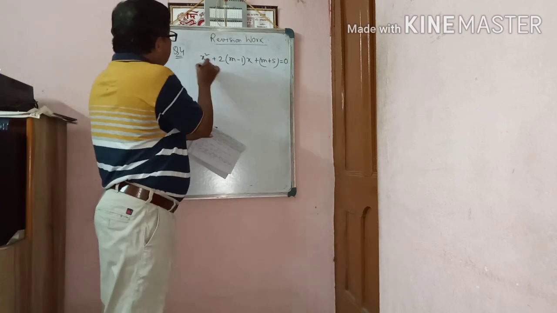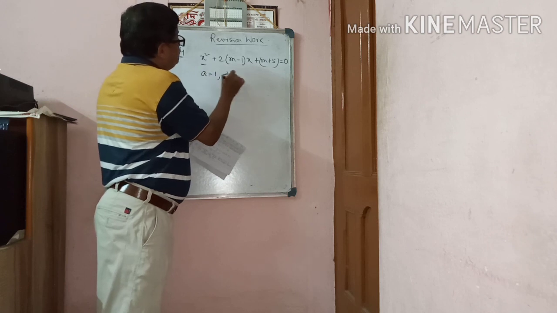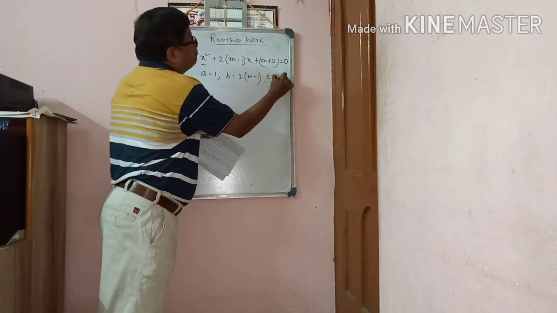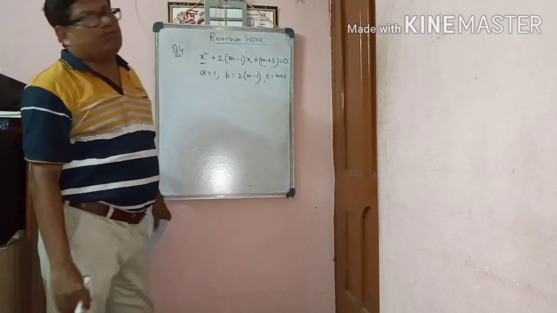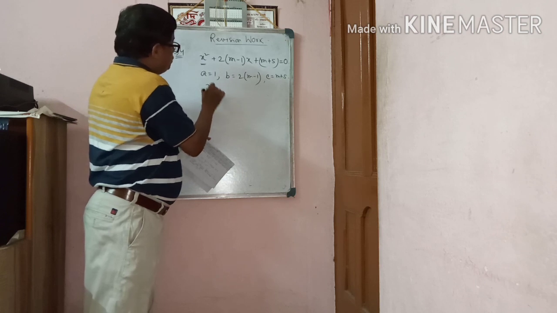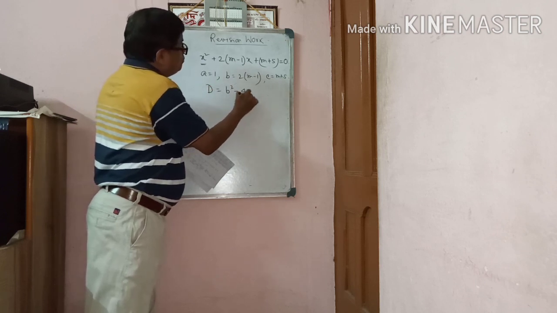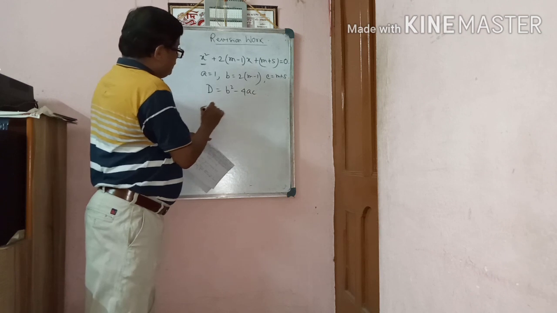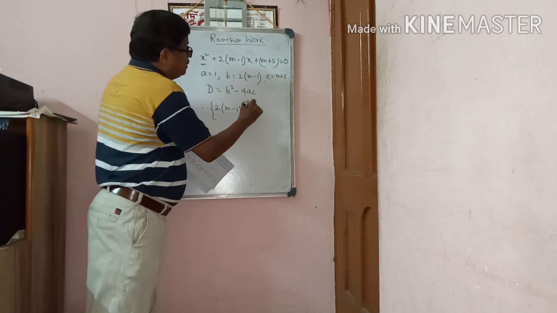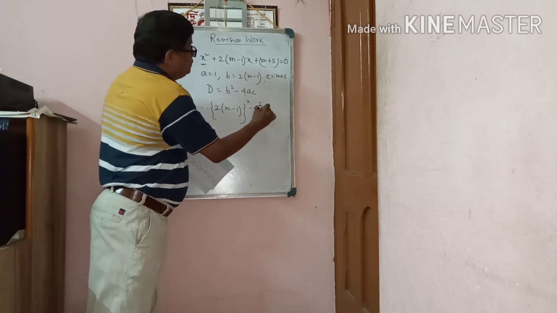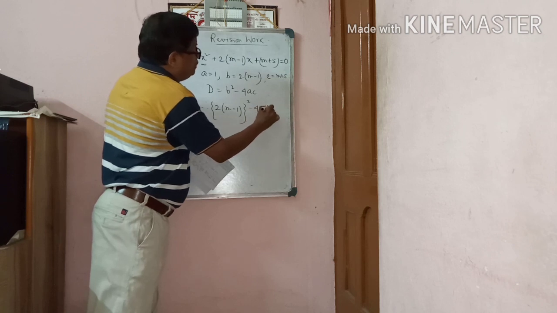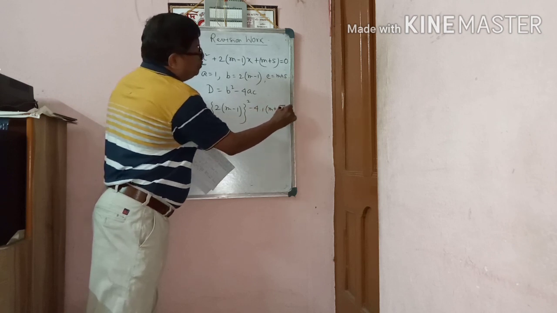So a equal to 1, b equal to 2 into m minus 1, and c equal to m plus 5. So write 2 into m minus 1 whole square minus 4 into 1 into m plus 5 equal to 0.